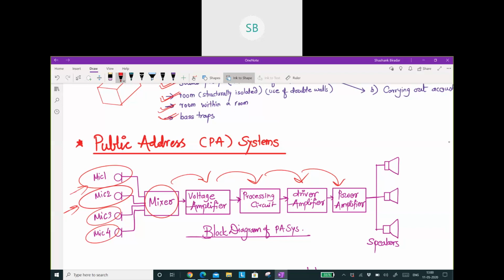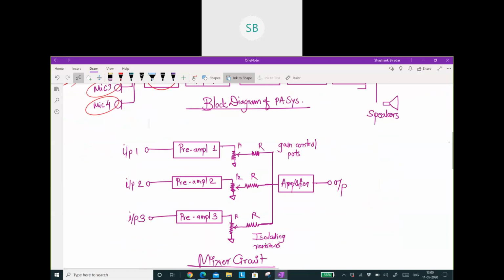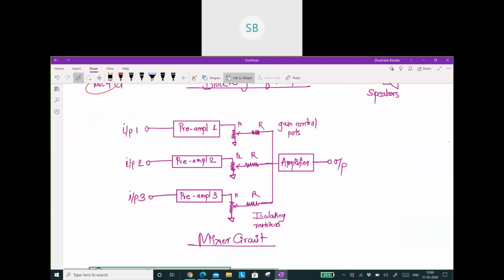The mixer stage is used to isolate different channels from each other before they are fed to the amplifier. A separate preamplifier is used for each channel. Coming to this mixer circuit, we use a separate amplifier for each input. The amplified signals are then applied to the gain control potentiometers.